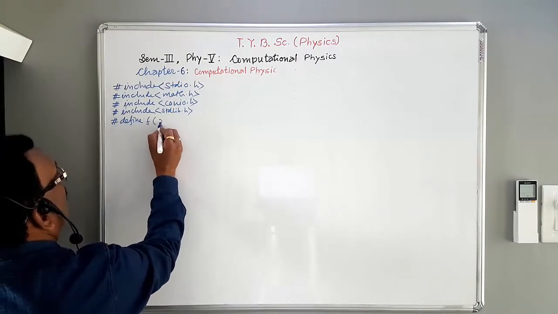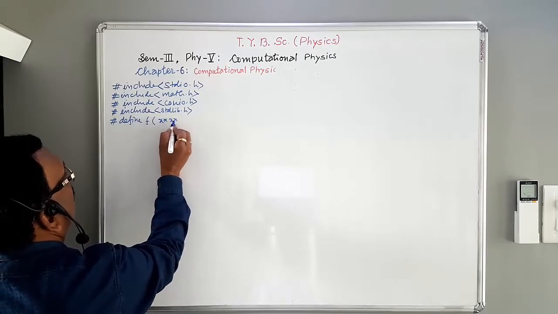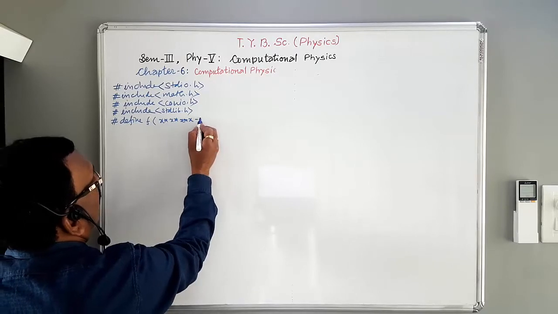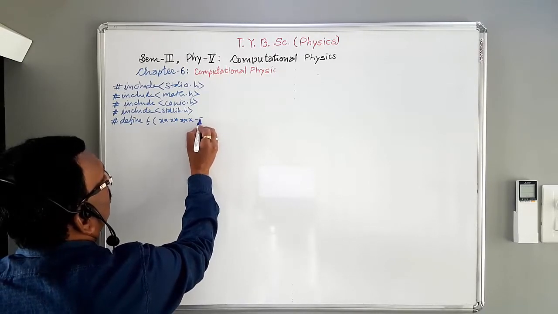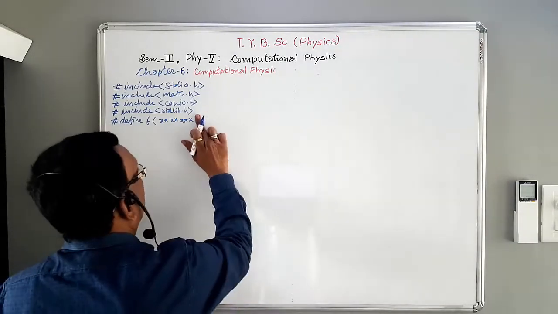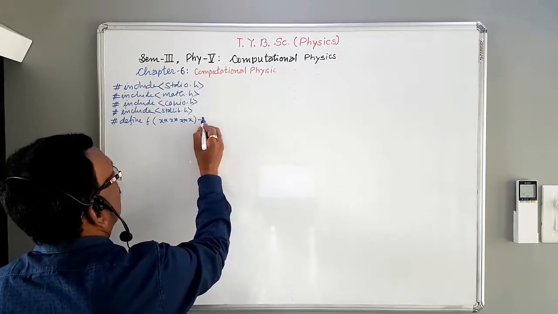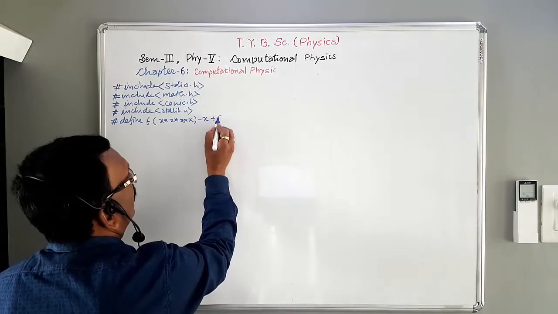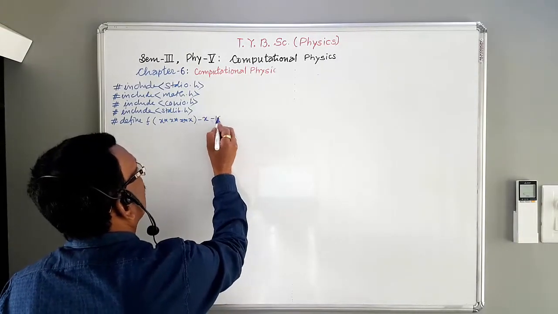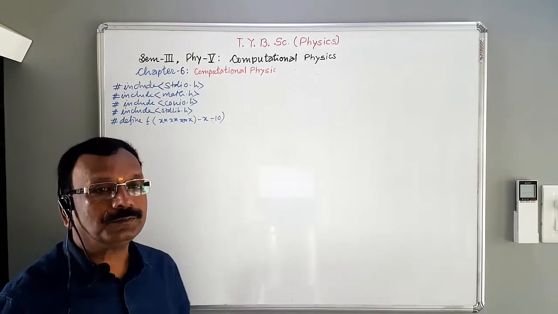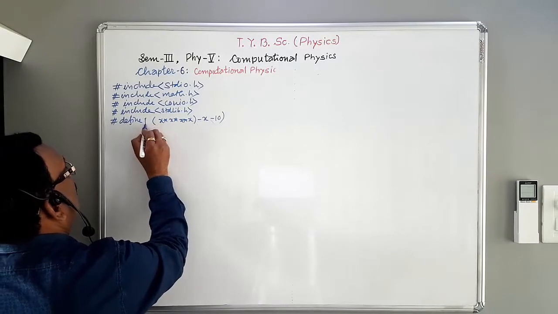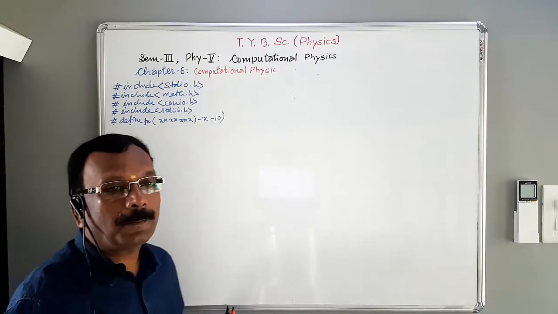Then we have to define the function x into x into x minus 5 minus x plus 5, or say minus 10, which is nothing but the defined function f of x.